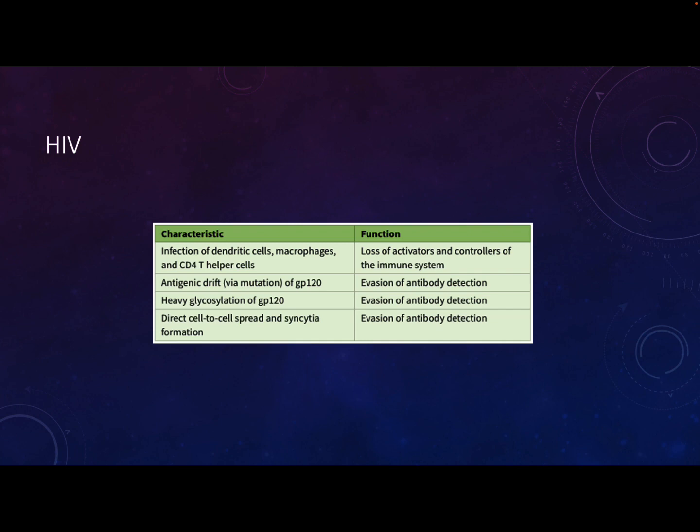They also glycosylate that GP120 protein. They hide it with carbohydrates, which prevents antibodies from recognizing it. And they can spread directly from cell to cell.